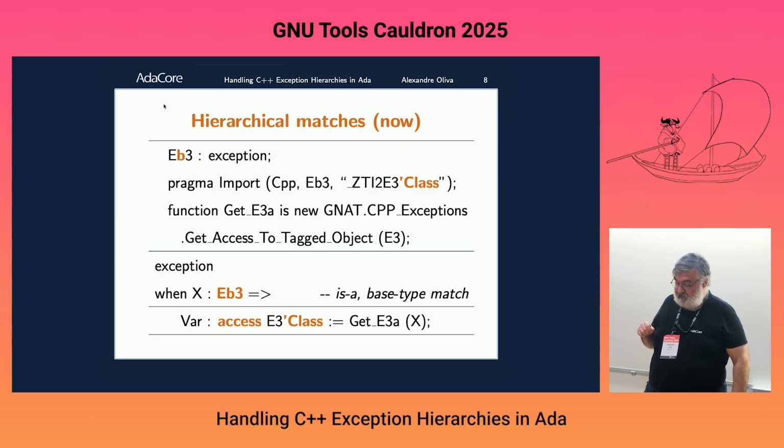You can also use a higher level generic function, GetAccessToTaggedObject, to get access to the object in the exception without going through all that syntax that I showed before. So this one will actually catch E4 objects, the derived, and you'll get a reference to the E3 part of them.